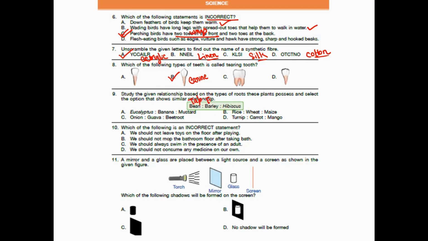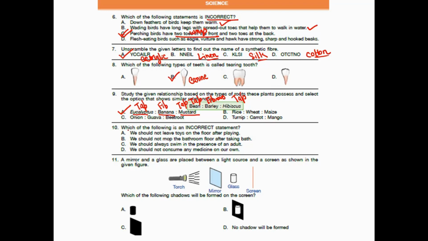Barley is having fibrous root and hibiscus is having tap root again, right? So the correct option that is giving the similar relationship is option number A, because eucalyptus is a tree, so it has tap root. Banana has fibrous root, and mustard has tap root again, right? So the first option, A, is the correct one.